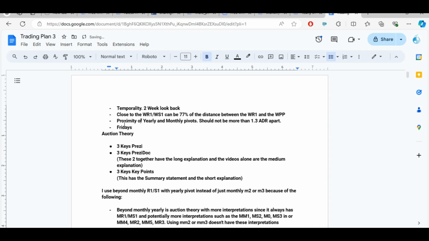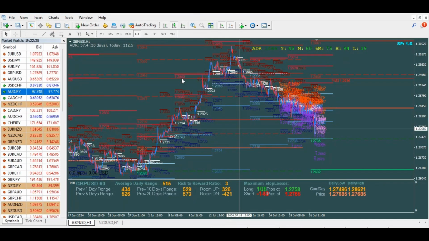Another thing that I wanted to discuss is the proximity of yearly and monthly pivots. I feel like it should not be more than 1.3 times the ADR apart. So if you look at this yearly level that's hit at this time, price hits the YM3, okay?